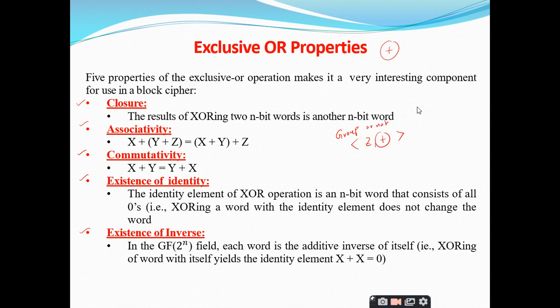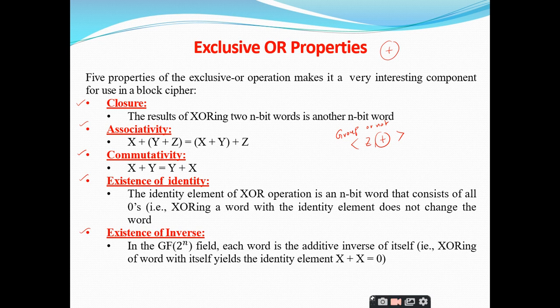A simple recap of what we have discussed in the groups concept. I take one set as Z, which is the set of integers, and my operation is the exclusive OR. Is it a group or not? Yes, it is a group, super.